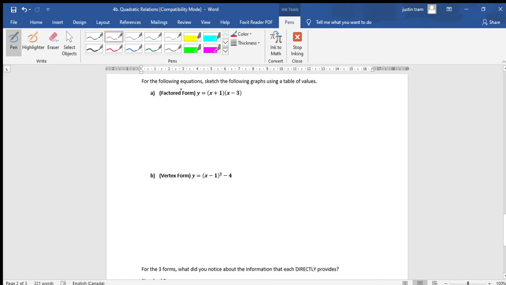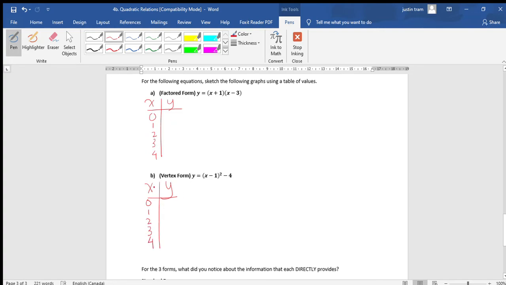Now, we will be diving into each one of those forms more in depth later on, but for now, what I want you to do on your own time is create a table of values for both of these forms. Okay? And again, use the values 0, 1, 2, 3, 4.